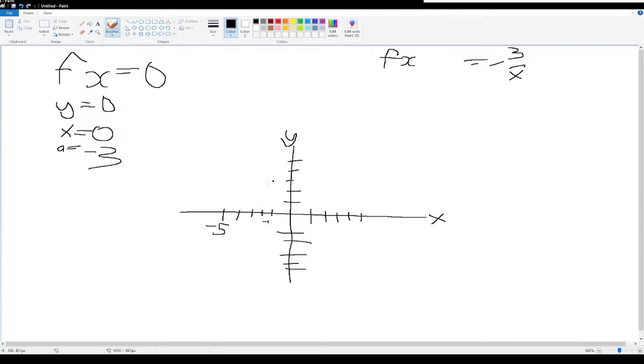Then -2 goes to 1.5, so here, and then -3 goes to 1. -4 goes to like here. -5 goes to about here. Then 1 goes to -3. But yeah, so here's the first line.